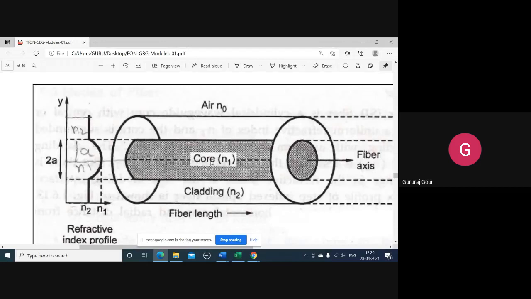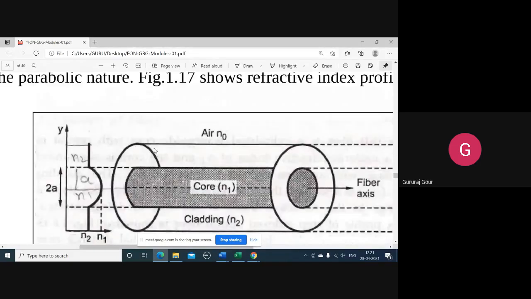So accordingly, you have to ensure that the core is manufactured from layers of materials with increasing indices. That's how we can see the nature of the index profile is in the parabolic shape.